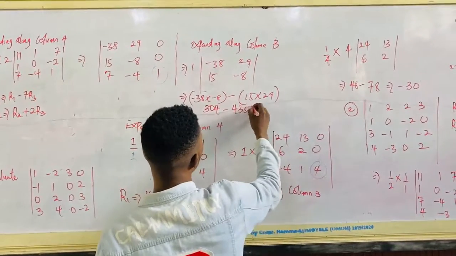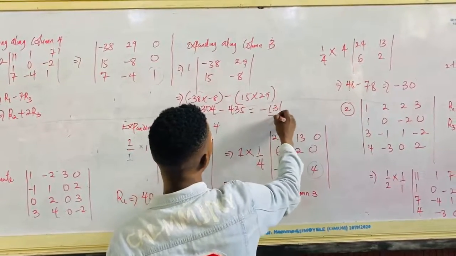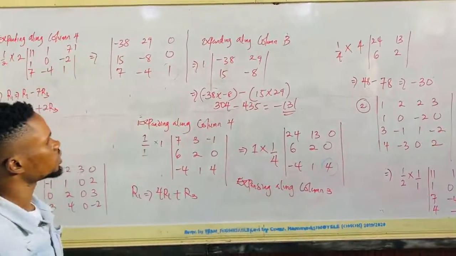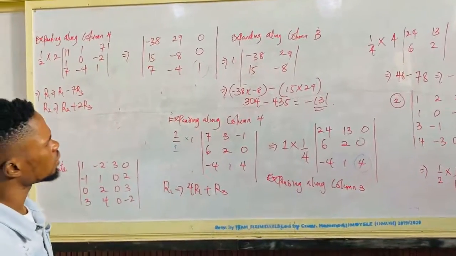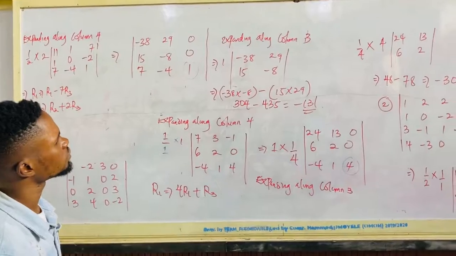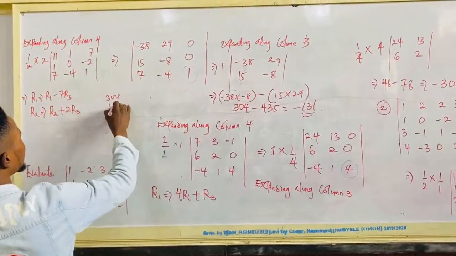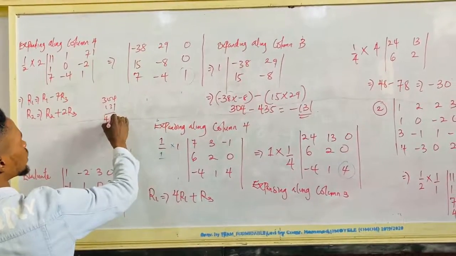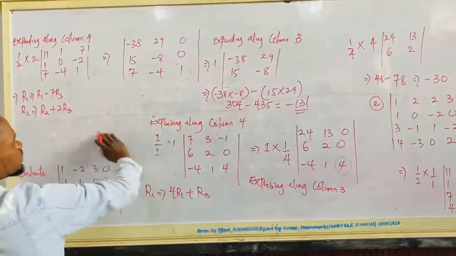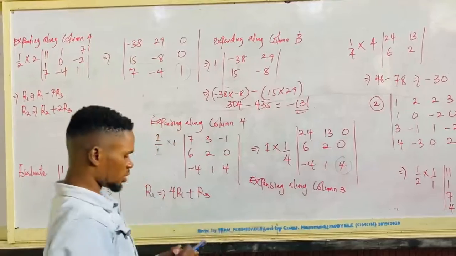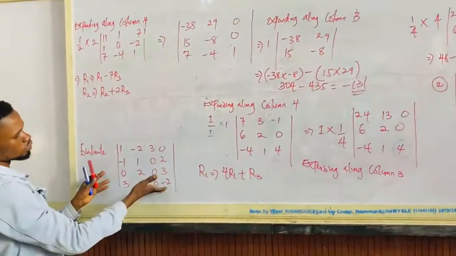So at the end, your answer is minus 1, 3, 1. That's 304 minus 435, which is minus 131. So the determinant of this is minus 131.